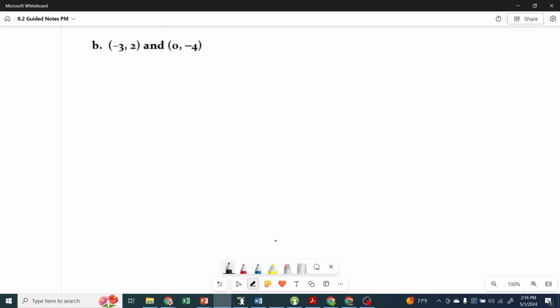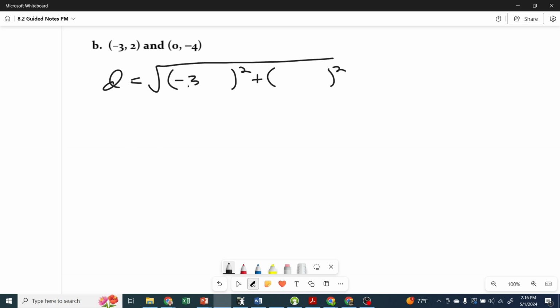Okay, let's do this one here. Same process. Negative 3 minus 0. 2 minus negative 4.